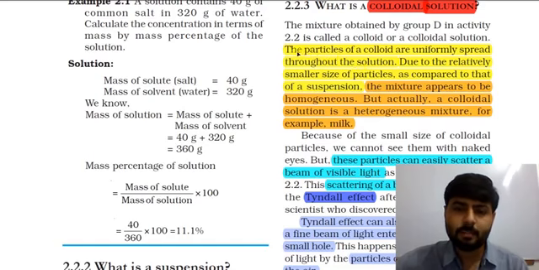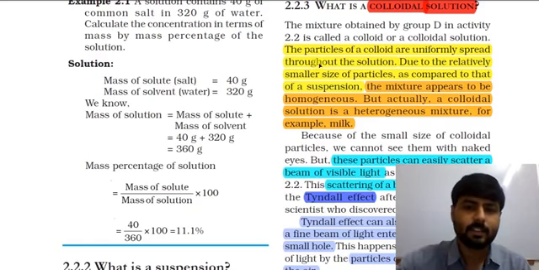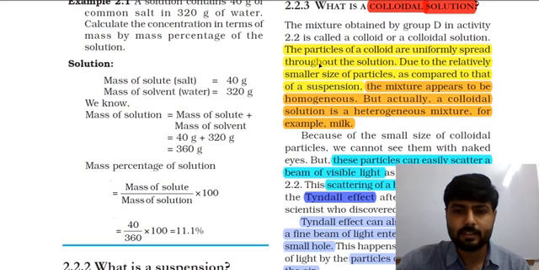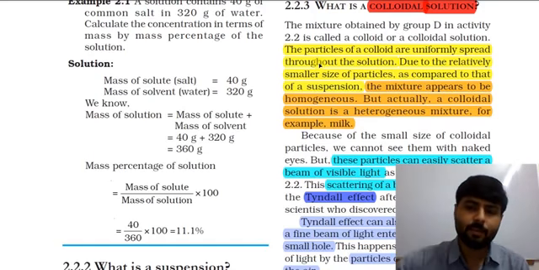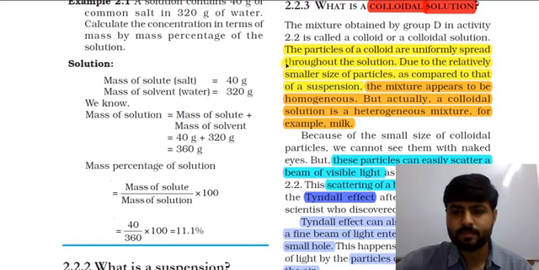So we have seen some basic properties of colloidal solution. For example, the particles of colloid are uniformly spread throughout the solution, which means if you put drops of milk in water and stir it, the milk particles and other particles that are in milk are spread uniformly throughout the solution.